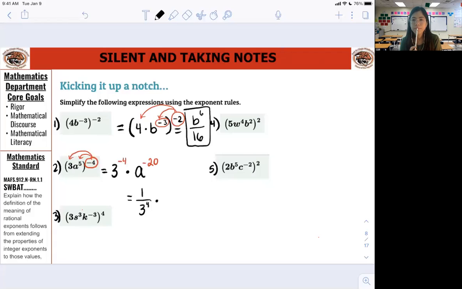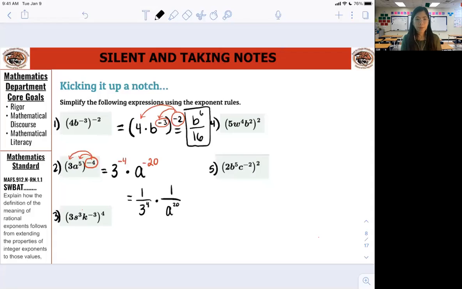A will be a to the power of -20 over 1. That won't be my final answer though, because since it's a negative exponent, what do I do now? 1 over a to the positive power of 20. Good.